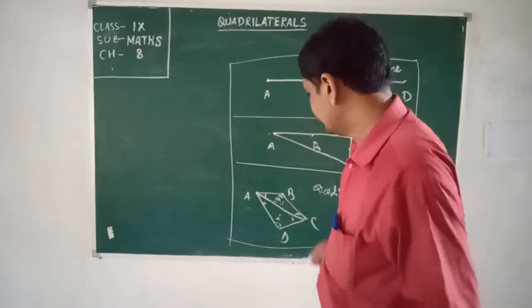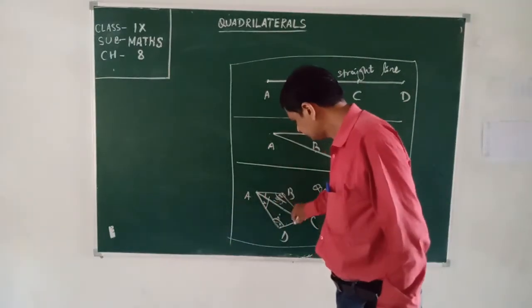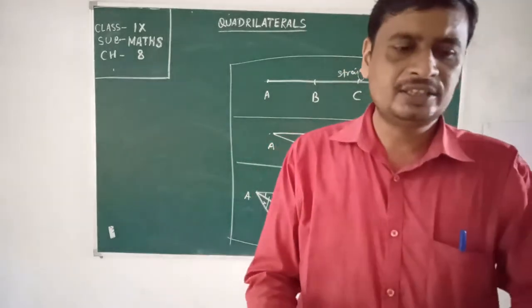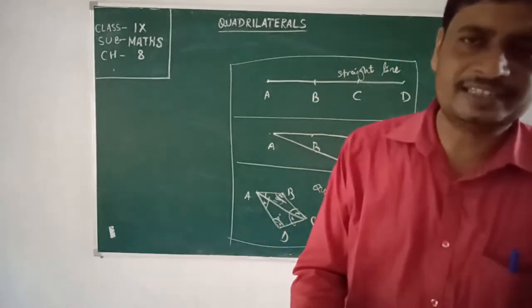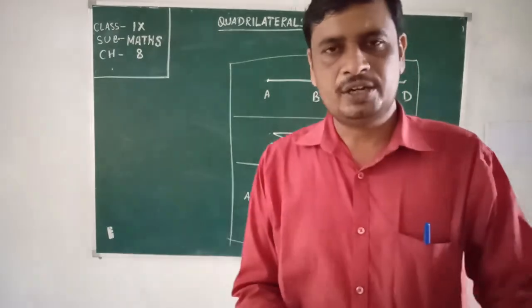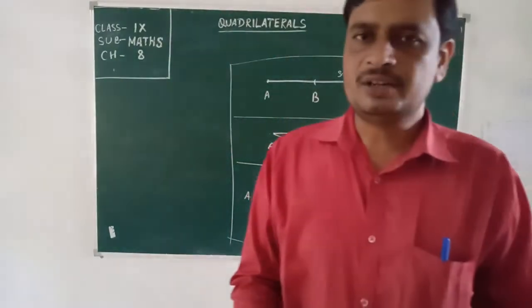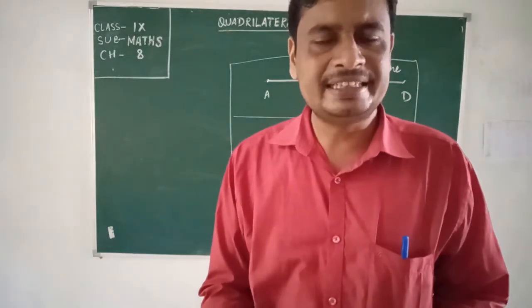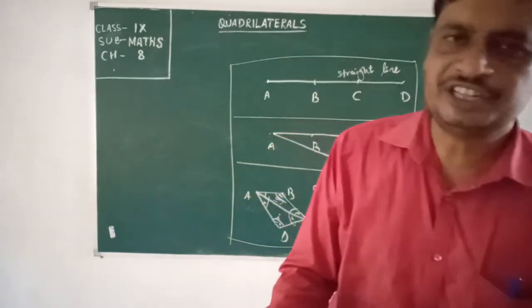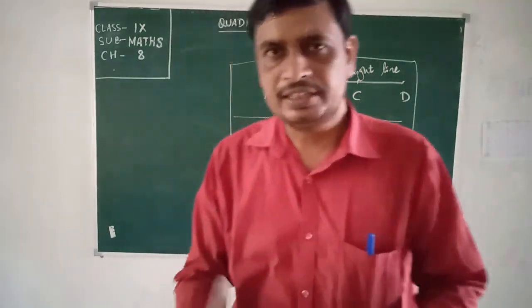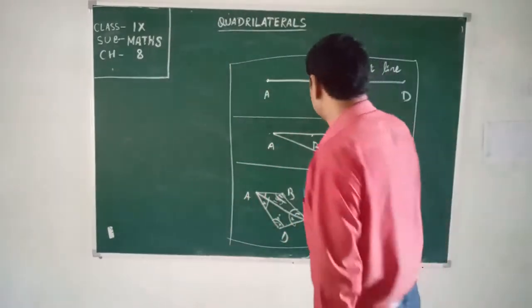So total angles will be 180 plus 180, that is 360 degree. So angle sum property of quadrilateral is 360 degree. It is irrespective of the type of quadrilateral, we always get 360 degree when we add the interior angles of a quadrilateral. Next we will study about types of quadrilateral.